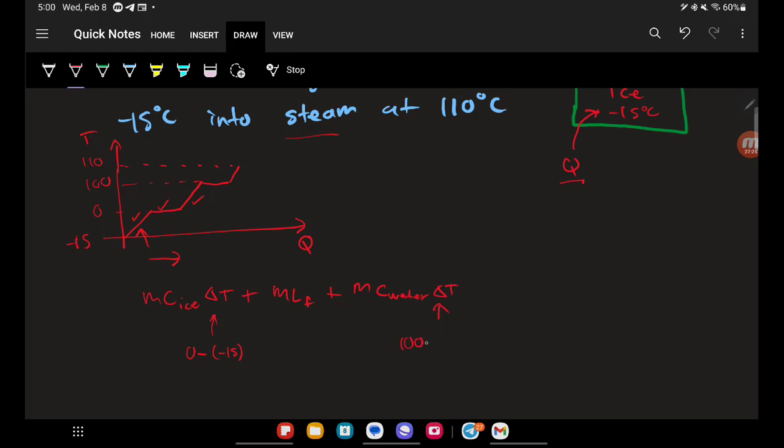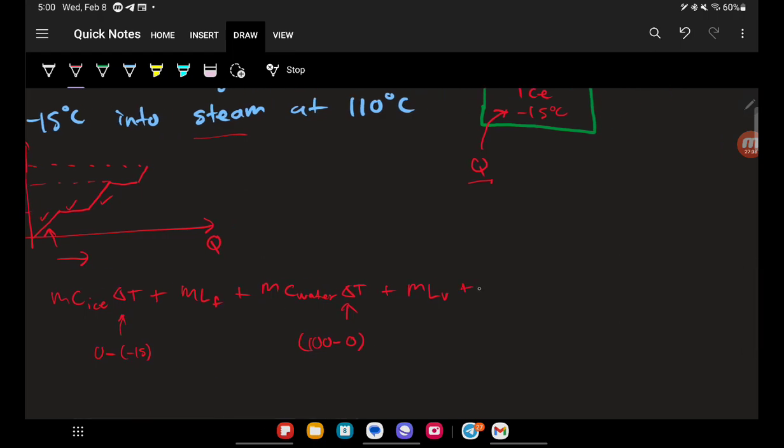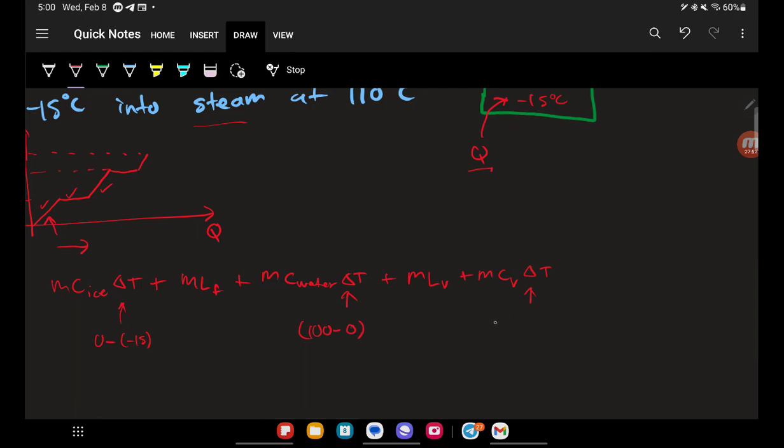So we're going to have 100 minus 0, the initial, since it just melted at 0 degrees Celsius, and then after that we're going to have MLV, the vaporization latent heat, and then we're going to have the mass when it becomes vapor. So this is V, vapor, and then the change in temperature here, I think you can guess, should be from 100 to 110. Yes. Okay, so the final temperature should be 110 minus 100, because it's left at 100 degrees Celsius just now.